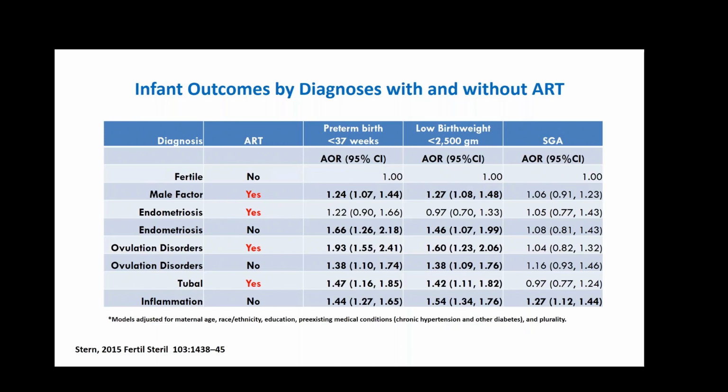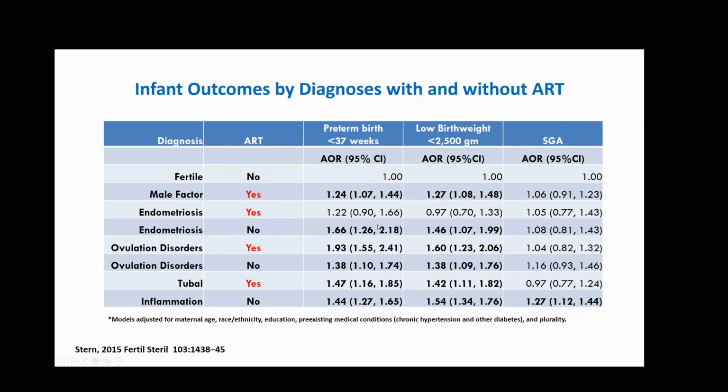With the exception of endometriosis patients treated with ART, all groups had elevated risk of preterm delivery and low birth weight when compared with the fertile group. The reproductive tract inflammation group also had a higher rate of small for gestational age babies. So all these groups, this is ART, no ART, obviously in the fertile group. Male factor was an ART group and had higher rates of preterm birth and low birth weight.